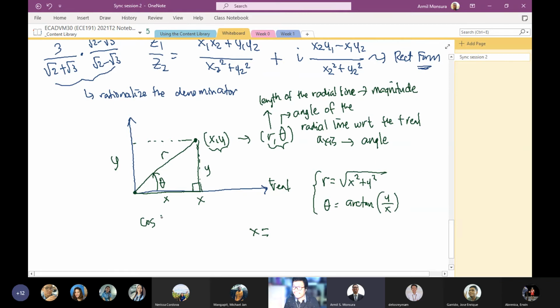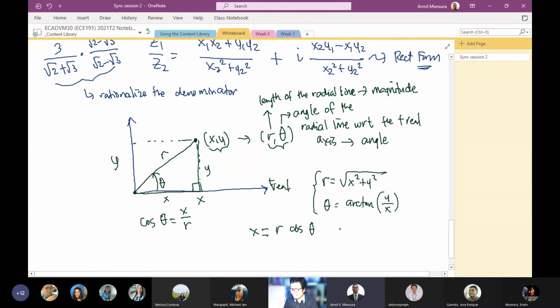That's x equals r cosine theta, which stems from the fact that cosine theta is defined as adjacent over hypotenuse. So therefore, you can solve x as r cosine theta.